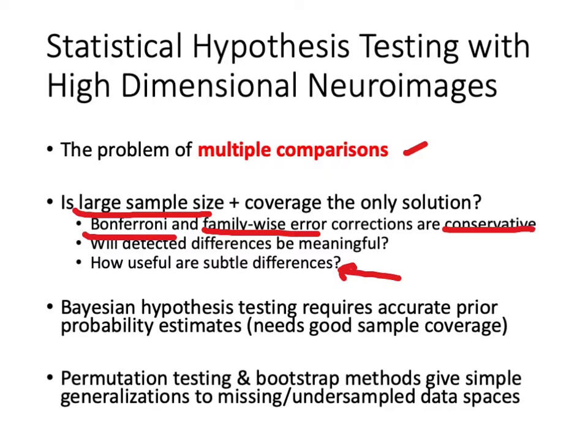Two alternative techniques. One is the Bayesian hypothesis testing, which also fails to satisfactorily handle the multiple comparisons problem because Bayesian hypothesis testing needs accurate prior probability estimates, and the prior probability estimates is an estimation of the distribution of the independent covariates or factors in the population, that is the distribution of age or cognitive scores, and this is something that cannot be known with great accuracy.